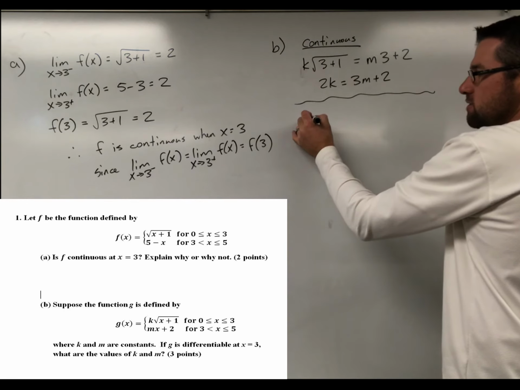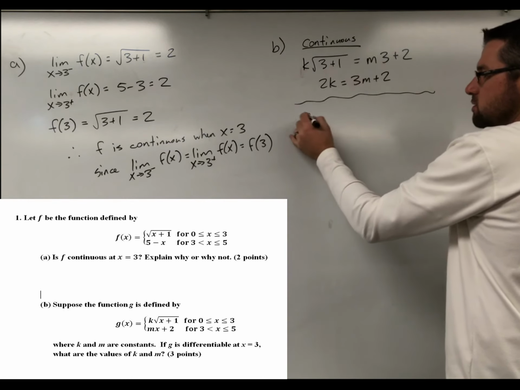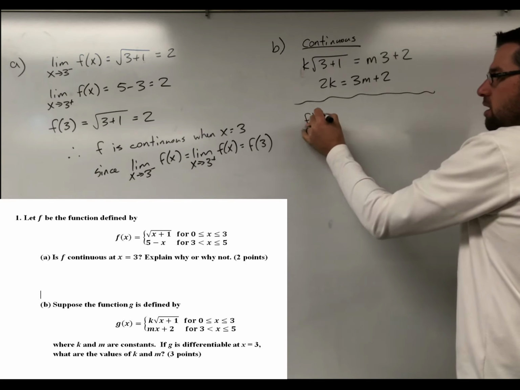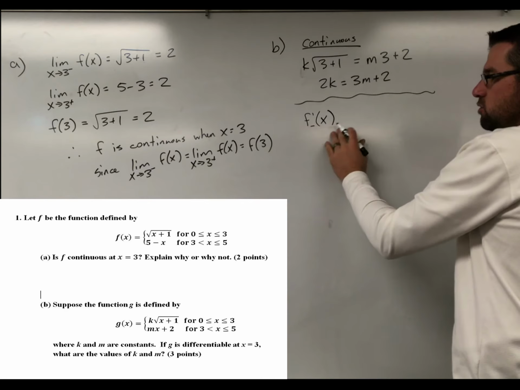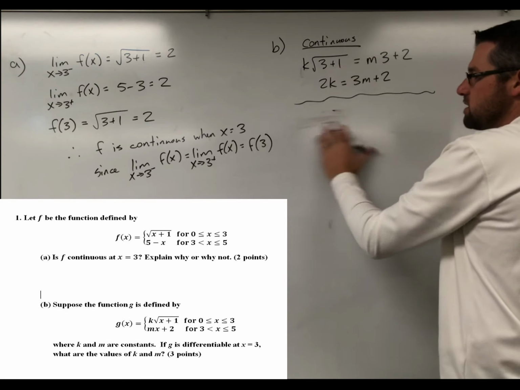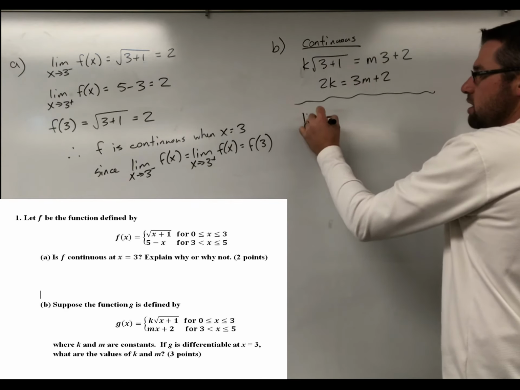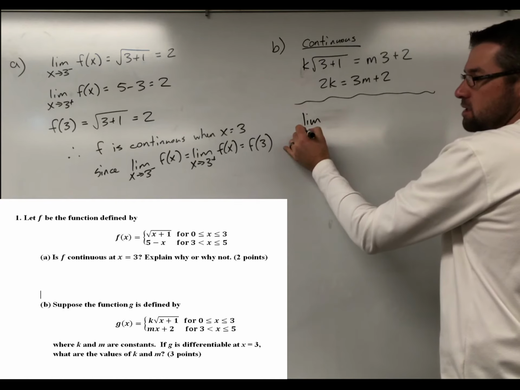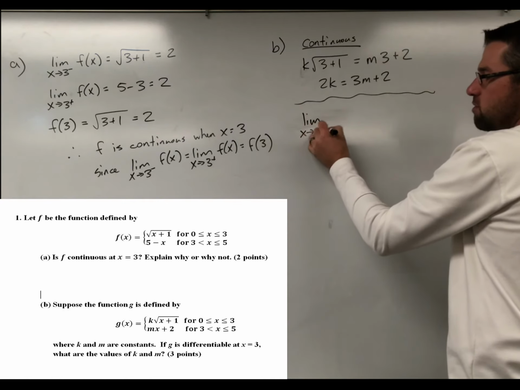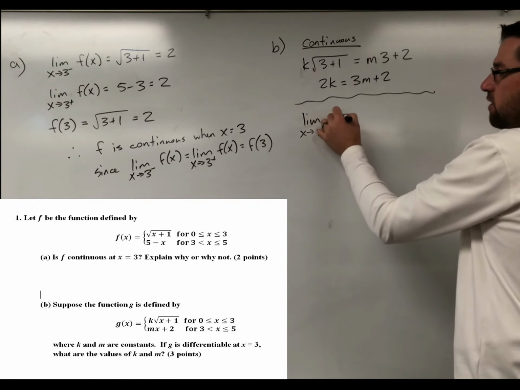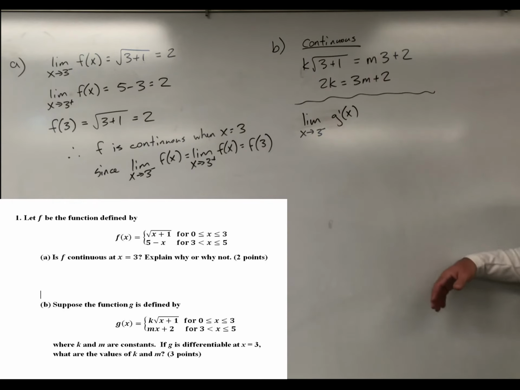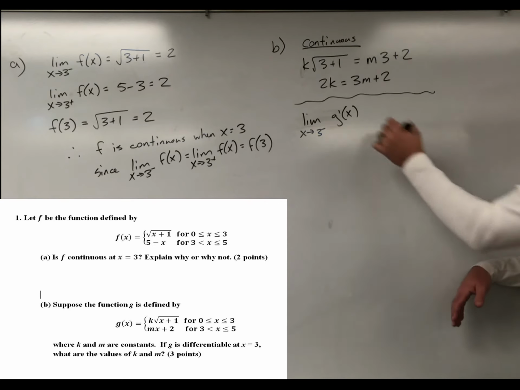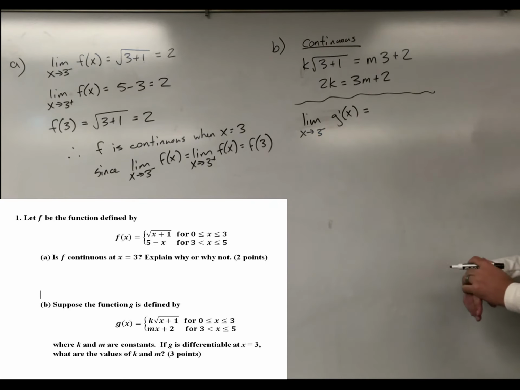The notation isn't very good on this one, but the best way of saying it is the limit as x approaches 3 from the left of g prime of x. What is the left-hand limit?